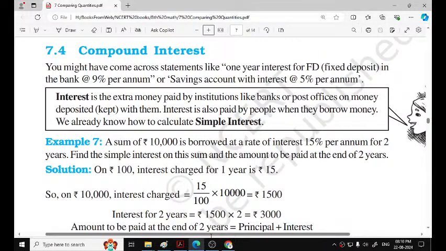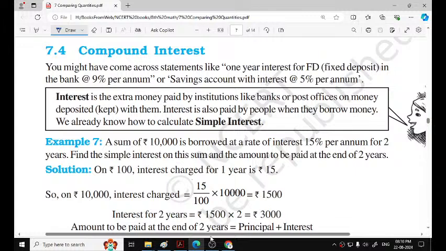Compound interest. You might have come across statements like 1 year interest for FD, that is fixed deposit, in the bank at the rate 9% per annum, or a saving account with interest at 5% per annum.